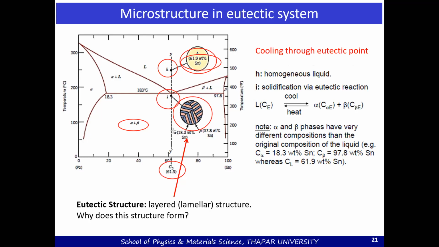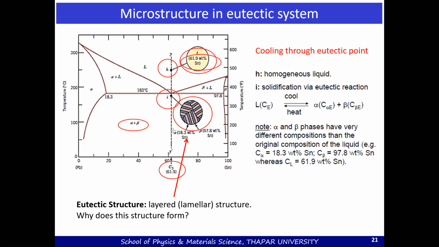Here, beta is marked as the blue color line, and the light pink color lines represent the alpha solid. What is the difference between the two is now known to you. Alpha is the Pb rich phase and beta is the Sn rich phase.